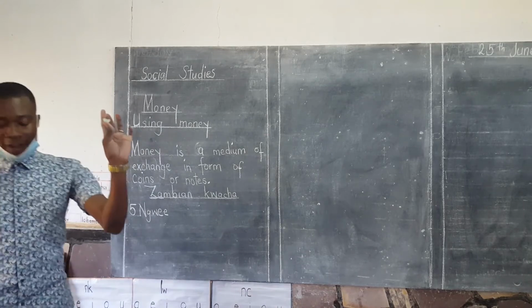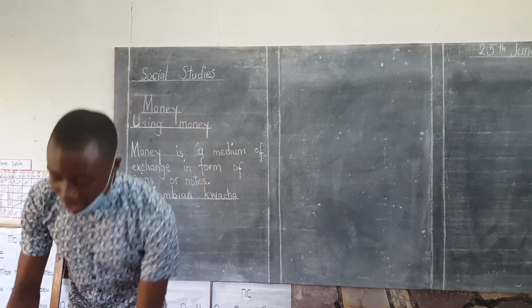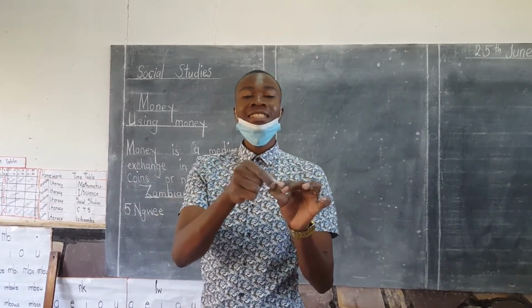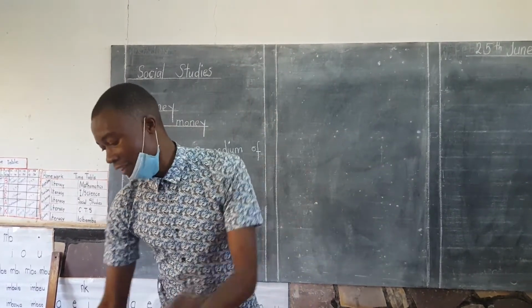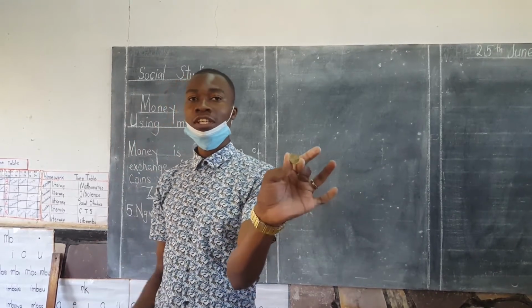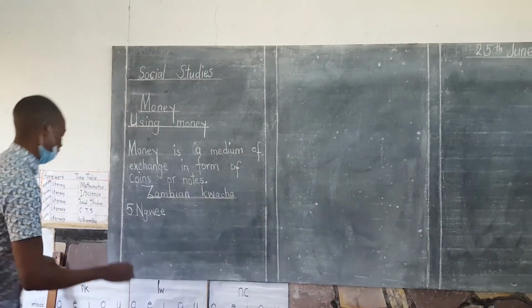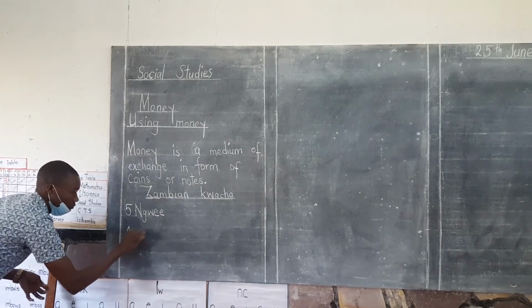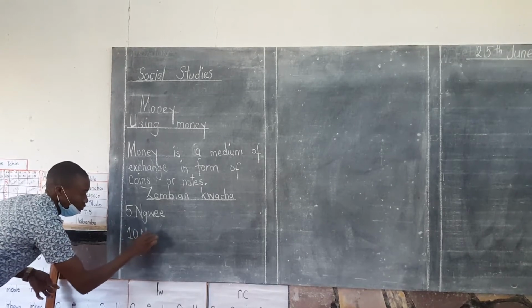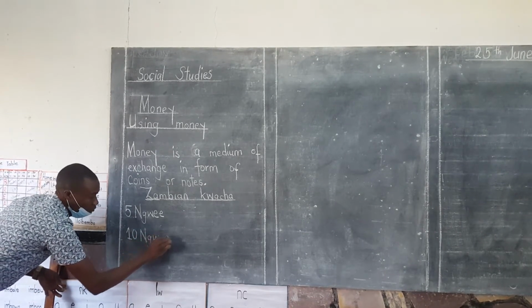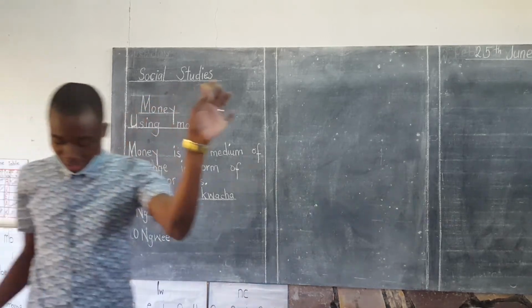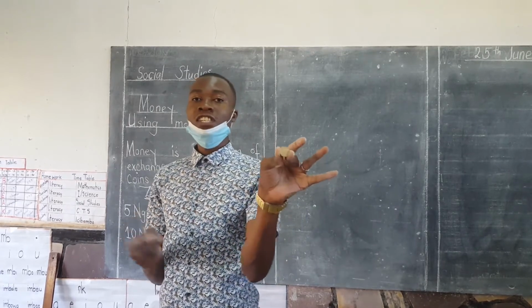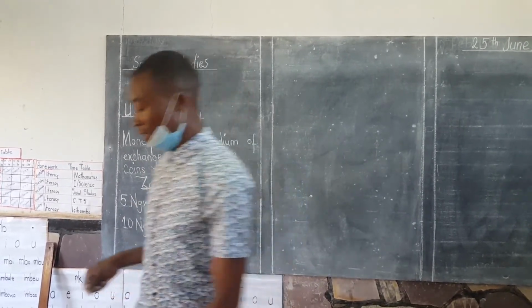From a 5 ngwe, we also have a 10 ngwe, which is here. Apart from a 10 ngwe, we have a 15 ngwe. So that is a 15 ngwe.